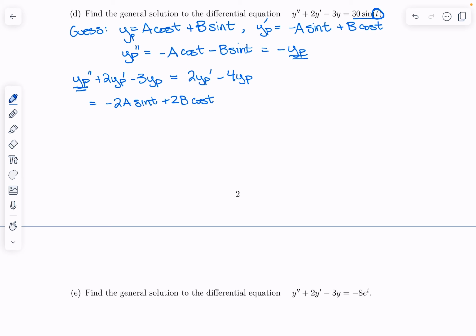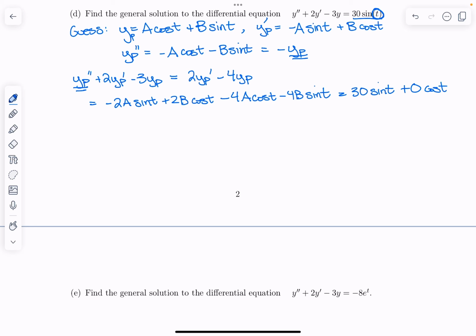And then minus 4yp is minus 4a cosine t minus 4b sine t. Now, all of this is supposed to equal 30 sine t. And so all of this really equals 30 sine t, and then 0 cosine t's.